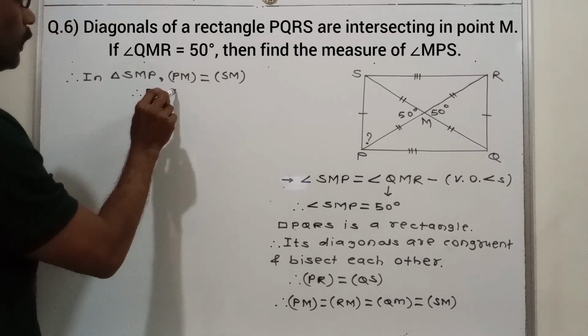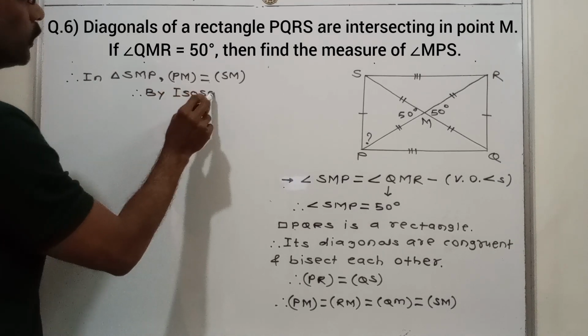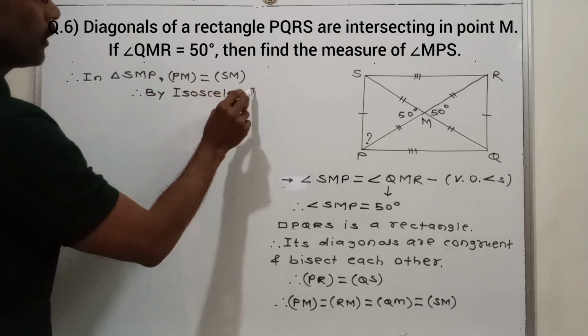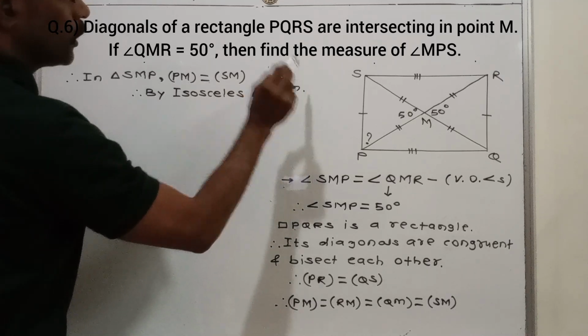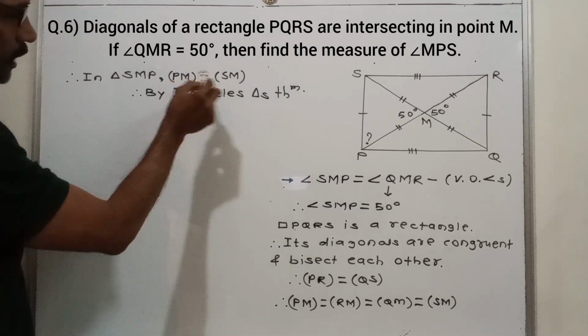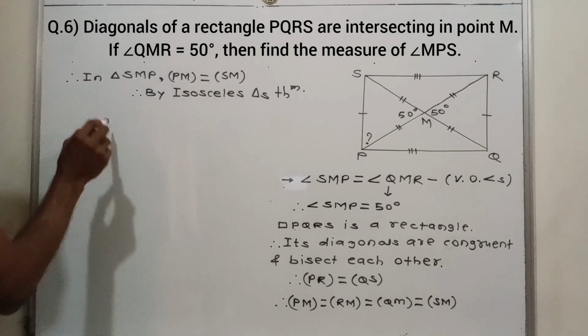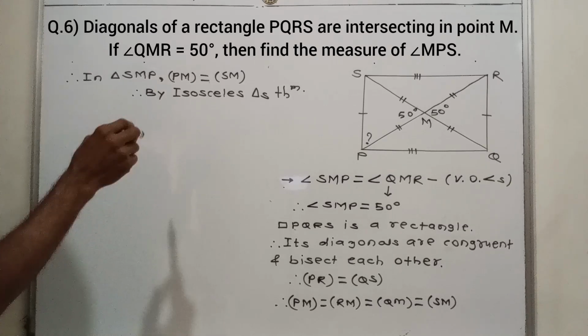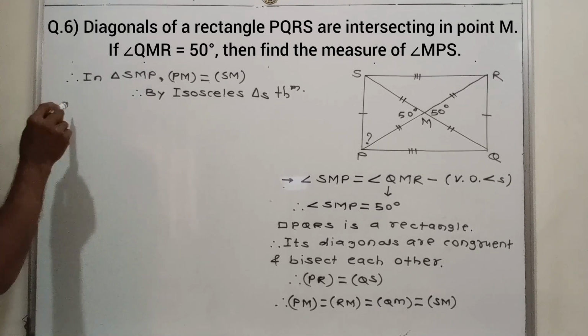Therefore, by isosceles triangle theorem, if sides are congruent, then opposite angles are also congruent. You have studied that on page number 33 of your textbook.